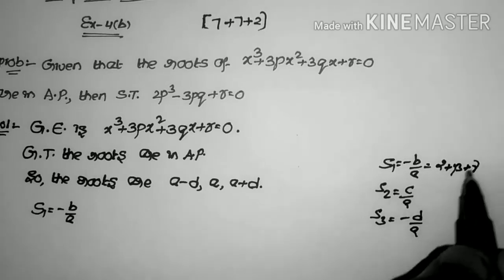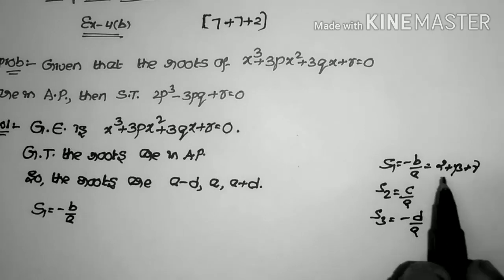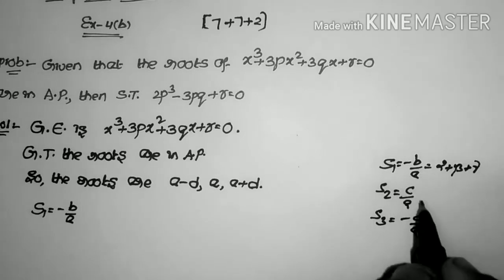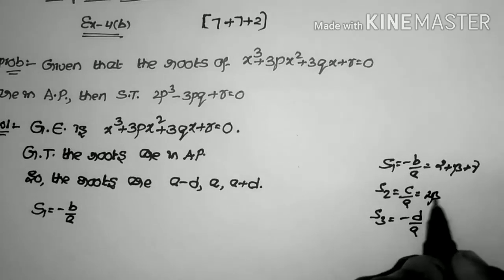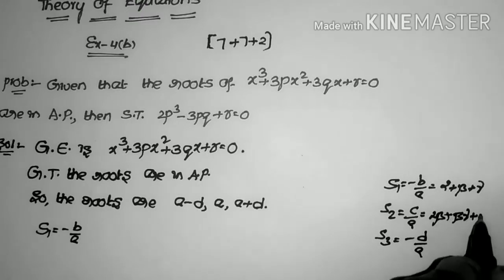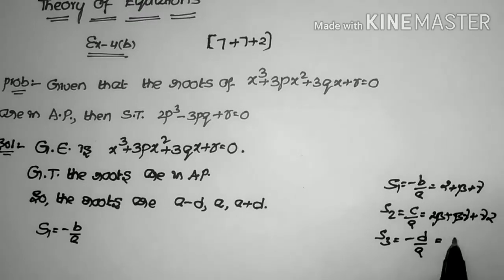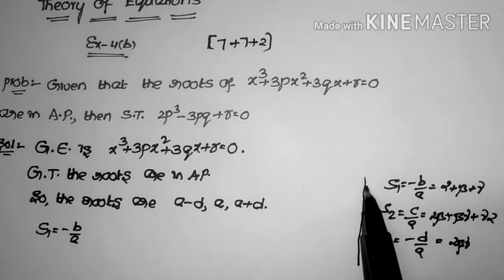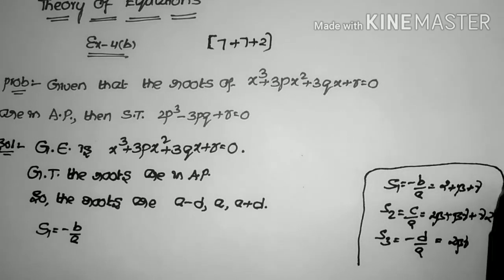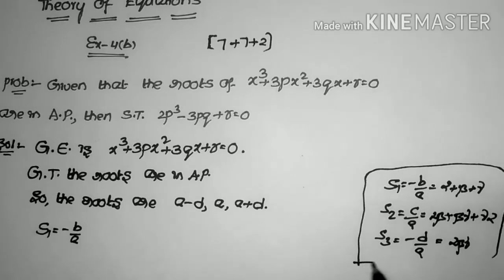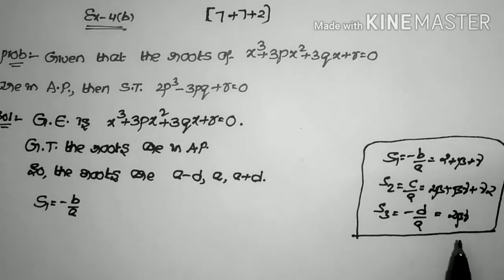If the 3 roots are alpha, beta, gamma, then the sum of the 3 roots is S1. And S2 is alpha beta plus beta gamma plus gamma alpha. And S3 is alpha beta gamma. These are the most important formulas, frequently used in the chapter theory of equations, and we use them to solve the problems.